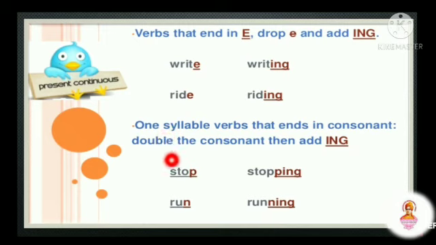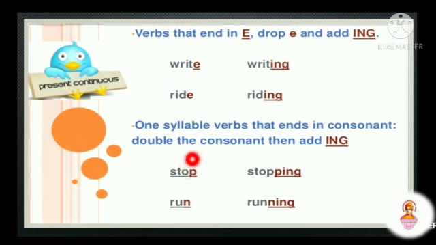And second condition, if any word has one syllable, like stop, run, these are all one syllable. So if any word ends with a consonant, then you have to double the last letter, and then you can add the ing. You can see this, it ends with P, you can double it. Before P, there is a vowel.